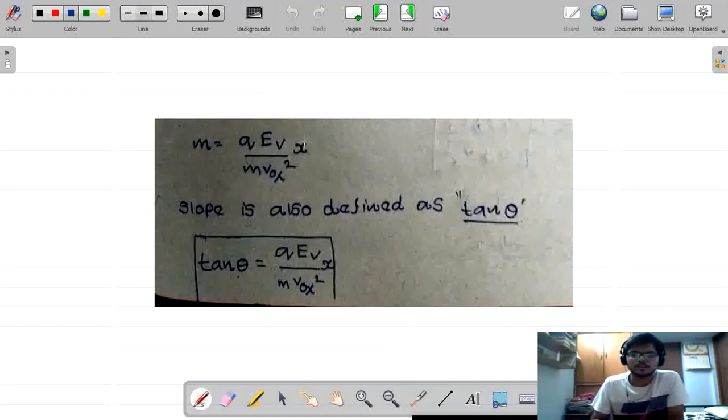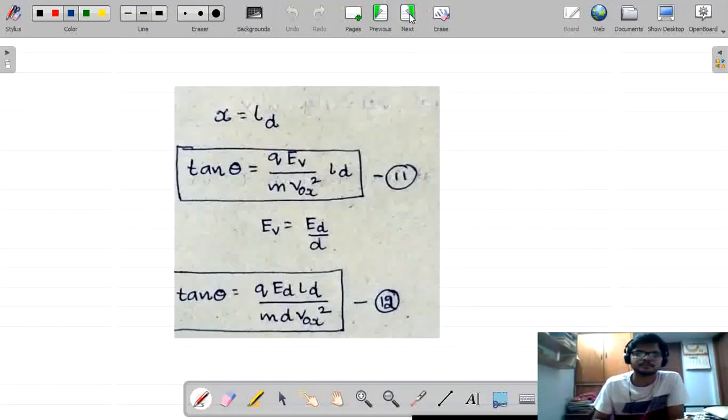We know from the previous page that m equal to q ev x by m Vox whole square. In general, the slope is represented by the angle, tan theta. So equate m equal to tan theta. So tan theta equal to q ev x by m Vox whole square. Now assume that x equal to LD, the length of the deflection plate.